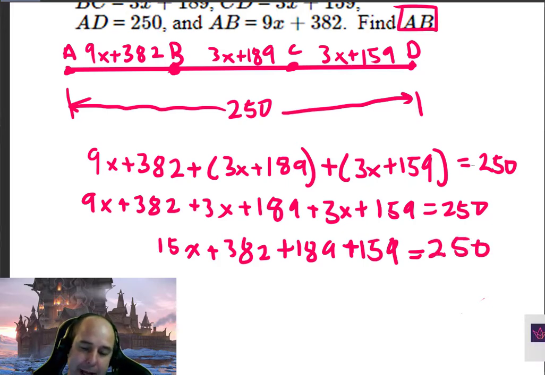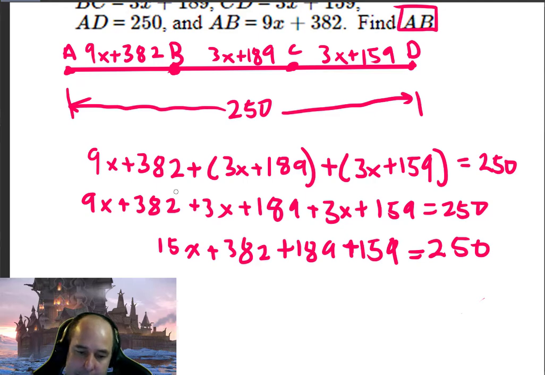Well, now that I have that, I'm going to combine some more like terms. 382 plus 189 plus 159. I'm going to actually do that with a calculator. I did it earlier, actually. 730. Yeah, 730.